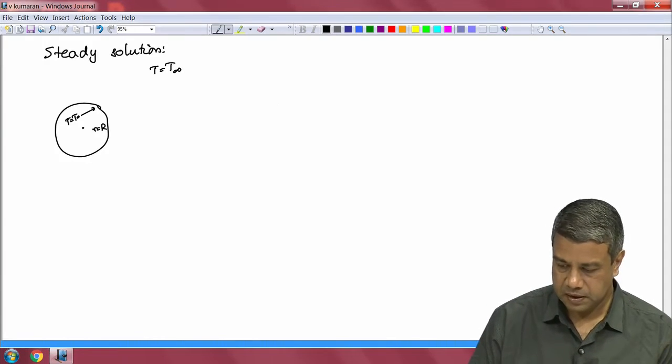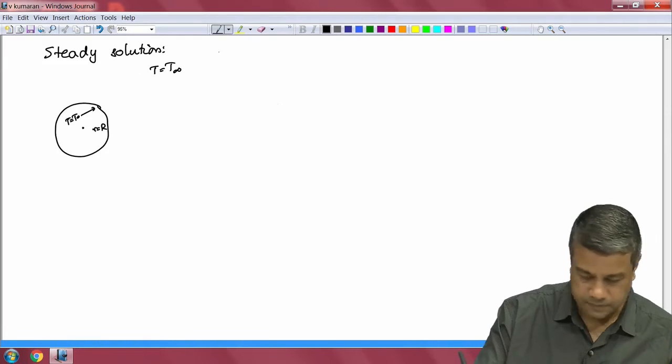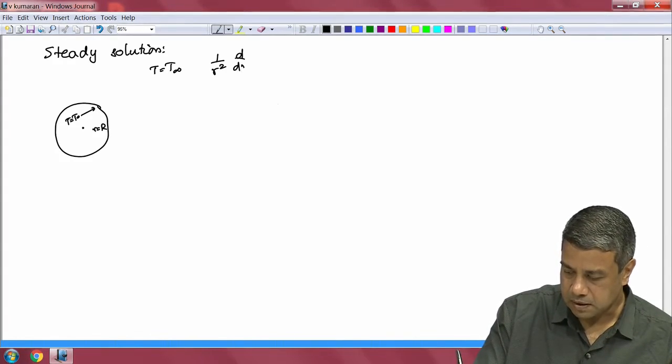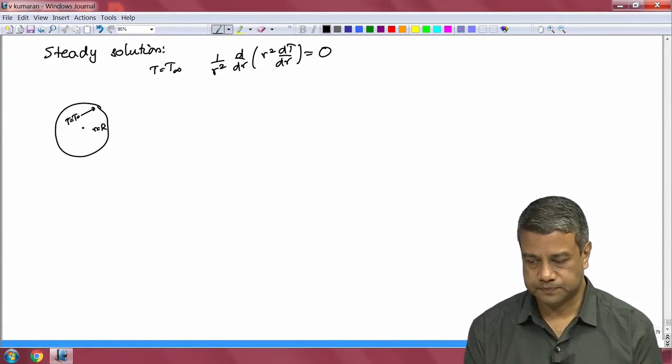So, my differential equation is 1 by r square d by dr of r square dT by dr is equal to 0, in this particular case.